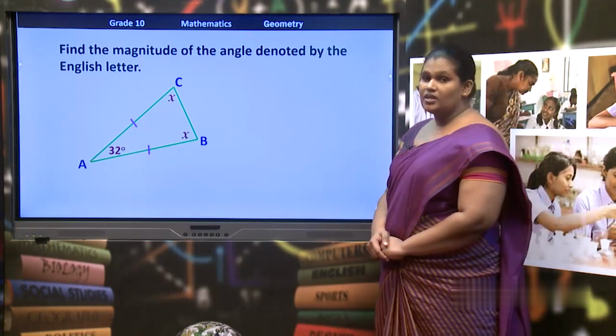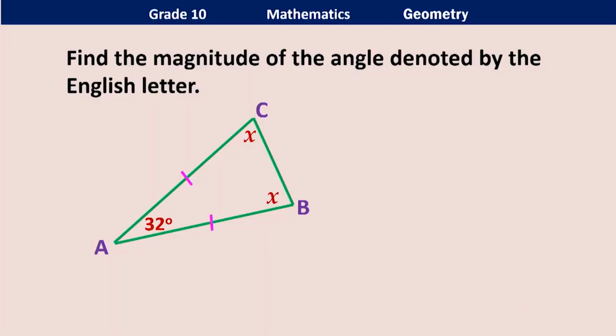Right. Now, at the same time, we know that the sum of the interior angles of a triangle is equal to 180 degrees. Therefore, 32 degrees plus x plus x is equal to 180 degrees. X plus x can be taken as 2x. So, 2x plus 32 degrees equals 180 degrees.